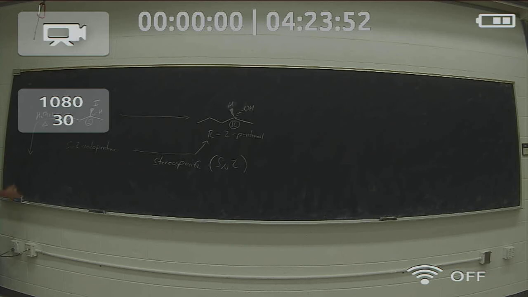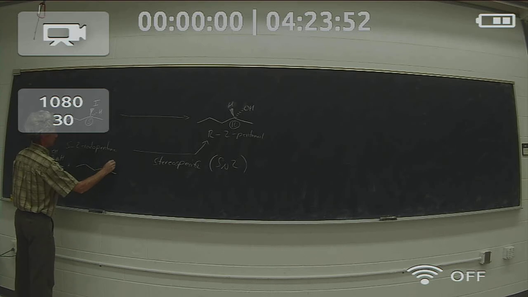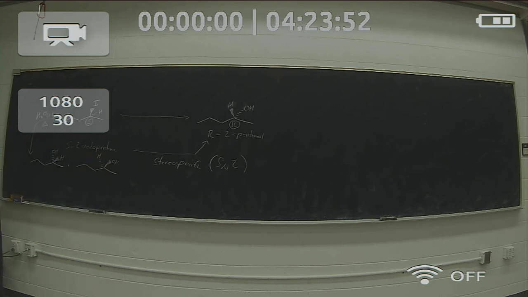We could simply heat this up in the presence of water, and we would get a racemic mixture of R and S 2-pentanol.